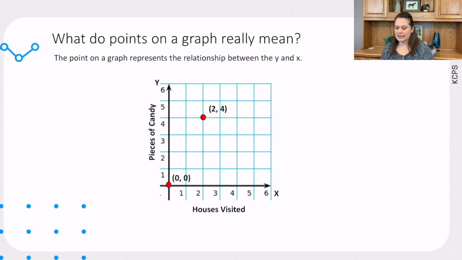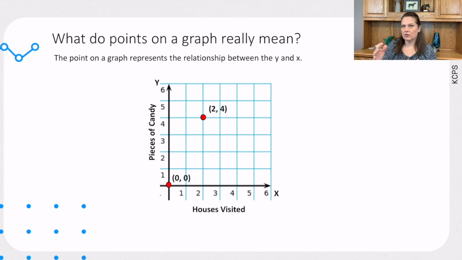So let's take a look at what a graph would look like if it's in a proportional relationship. Remember, in proportional relationships, you must go through the origin or start at the origin, and it must be a straight line. Now, if we haven't gone trick-or-treating yet, we haven't gone to any houses, we haven't collected any candy, so that's our origin, 0, 0.